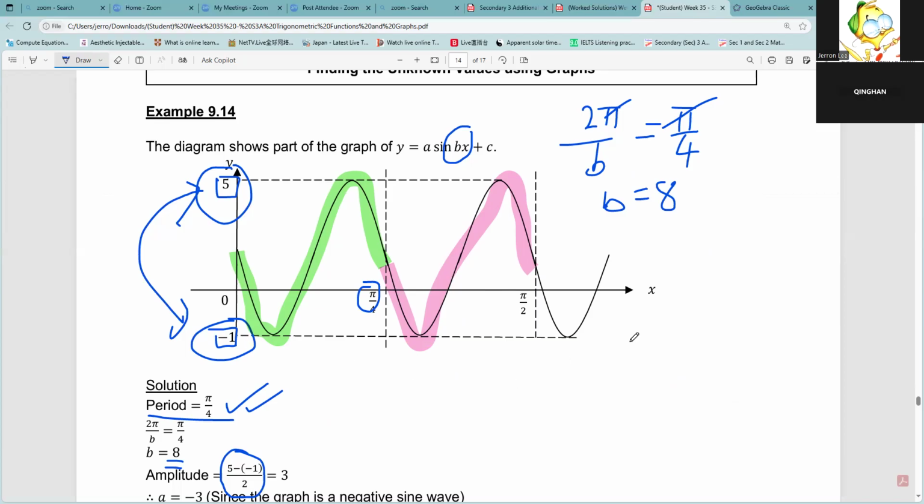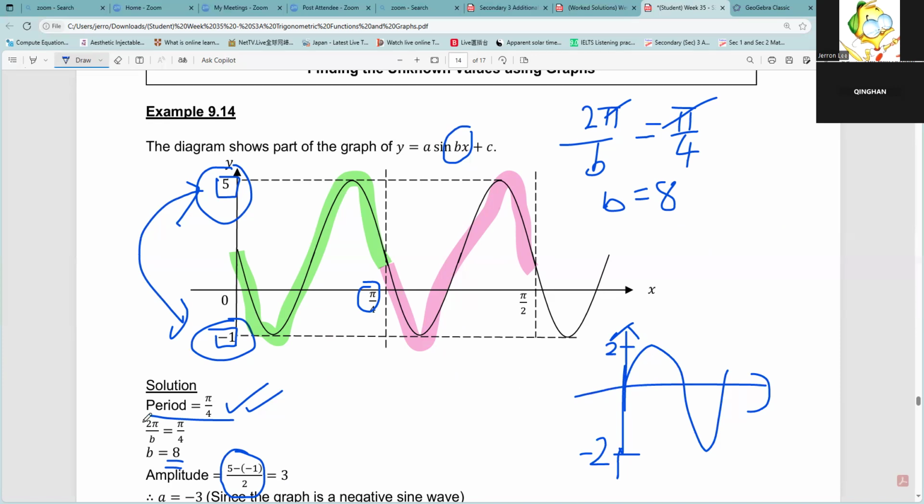For instance, let's say I have a normal sine wave. Now, let's say this is 2, and this is -2. How do I know that the amplitude is 2? Obviously, you can see directly from here.